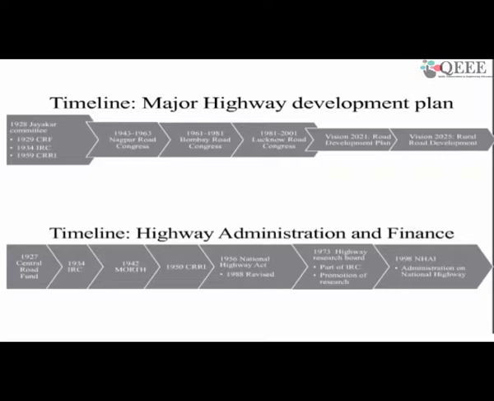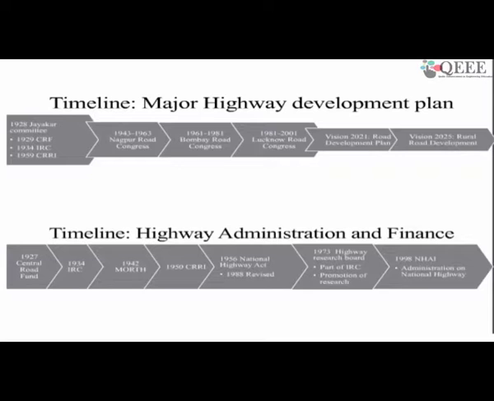Another suggestion which came from the Jayakar committee is the Indian Roads Congress, an organization through which all this development can be synchronized and looked into, giving everyone the same overall platform. To execute this development and look after it from the government side, MORTH came up, which is the Ministry of Road Transport and Highways.